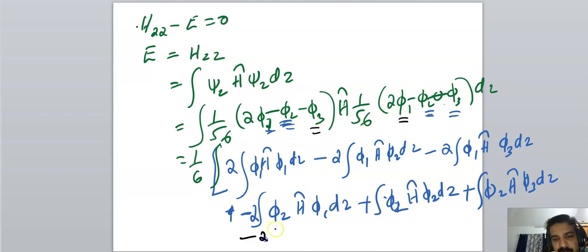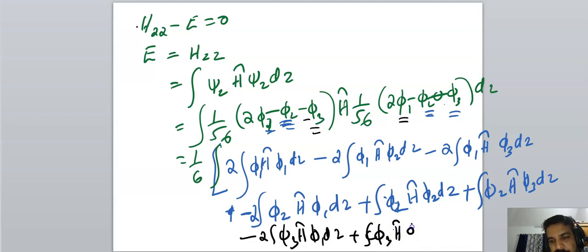Again minus here 2 into integral this phi 3, this phi 1, so phi 3 H cap phi 1 dτ. Next is minus into minus plus integral phi 3 H cap phi 2 dτ. Again plus integral this phi 3 and this phi 3, integral phi 3 H cap phi 3 dτ.